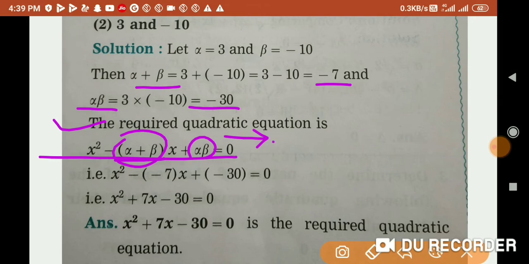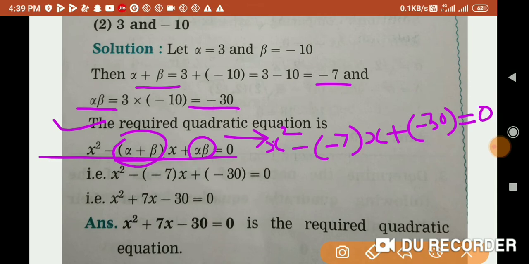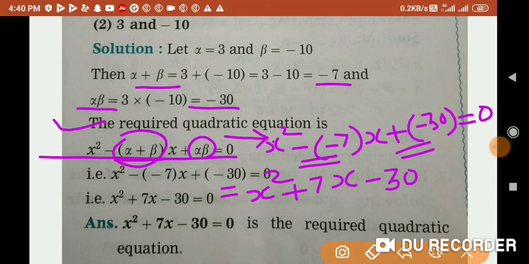Here we can write x² − (−7)x + (−30) = 0. Now we solve the brackets: x², then minus minus becomes plus 7x, and plus minus becomes minus 30, equal to 0.